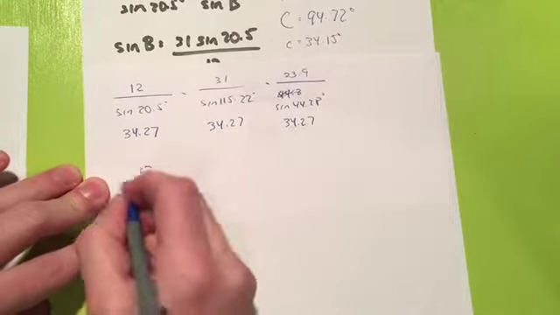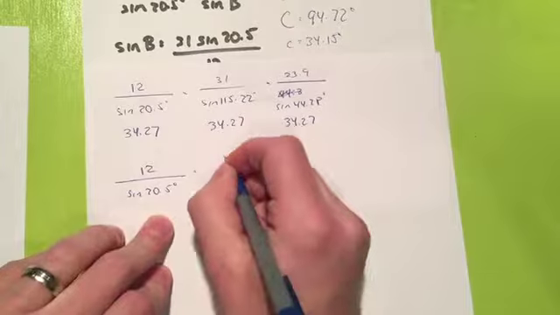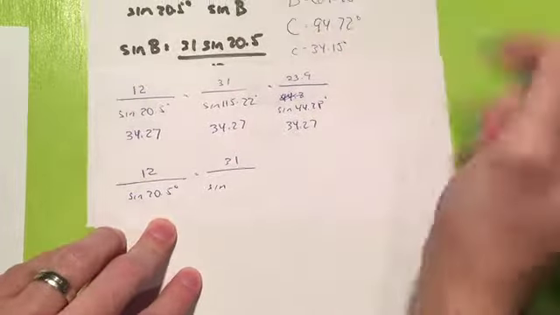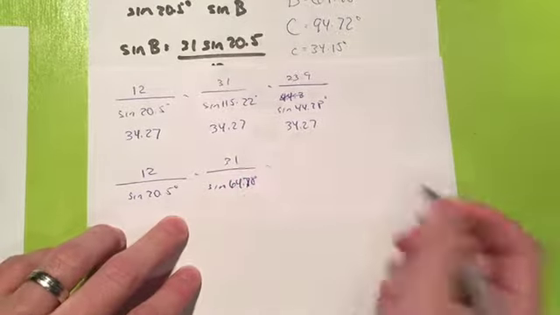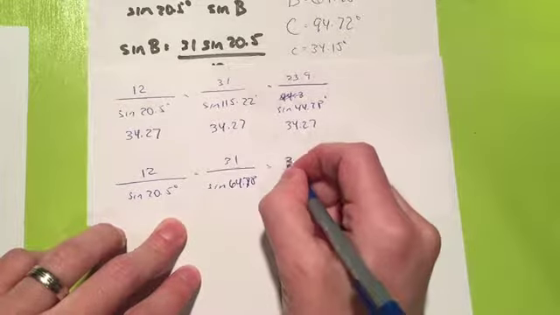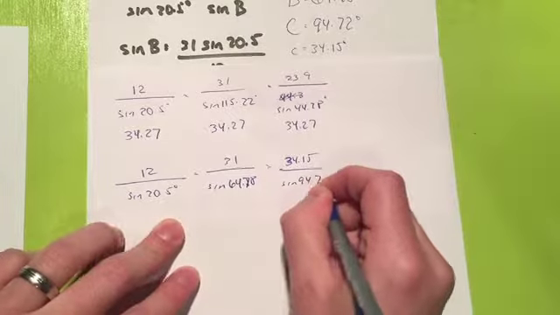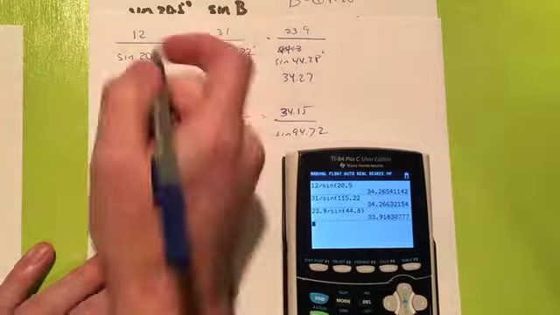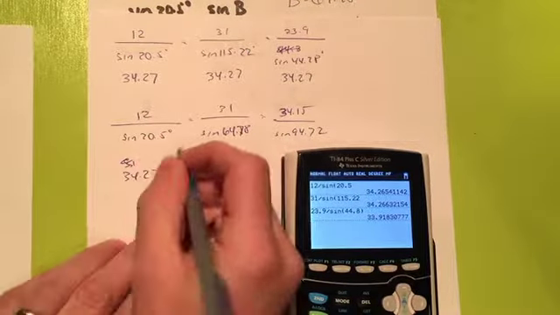Let's check your numbers. You had 12 over sine of 20.5 degrees, 31 over sine of your angle, 64.78, and 34.15 over sine of 94.72. If we check your values, this is going to be the same thing, 34.27.